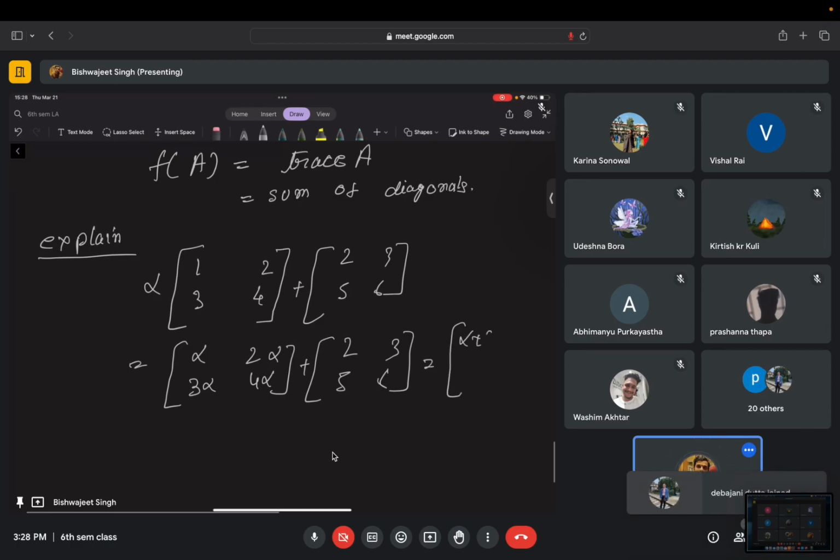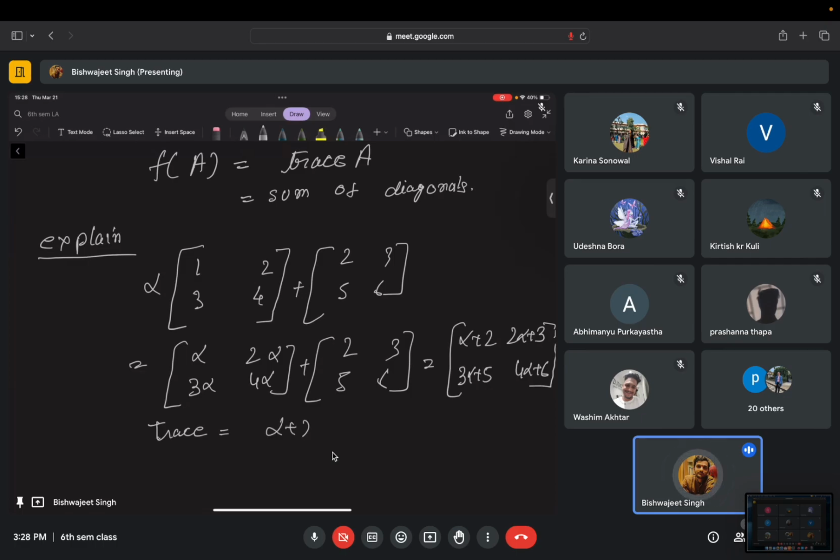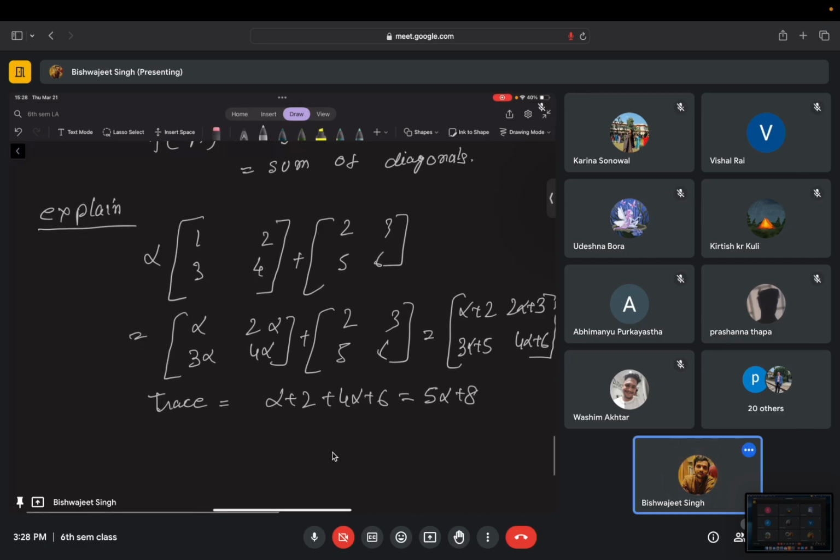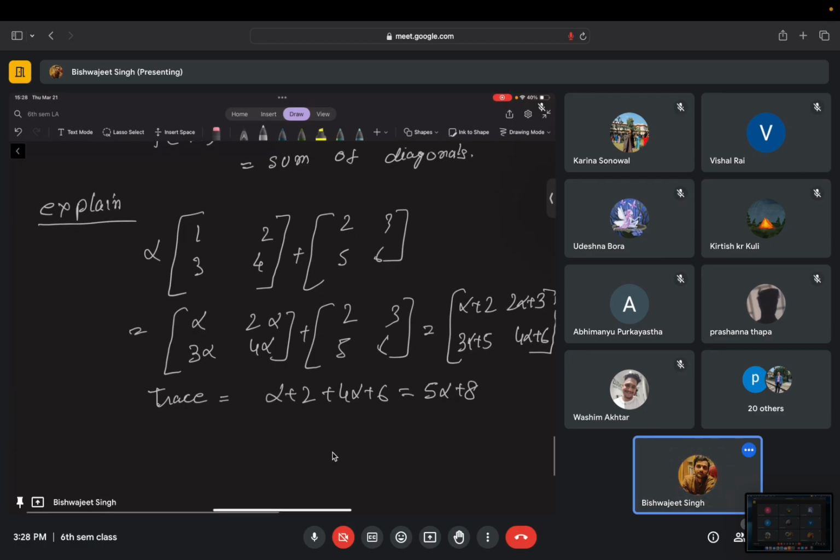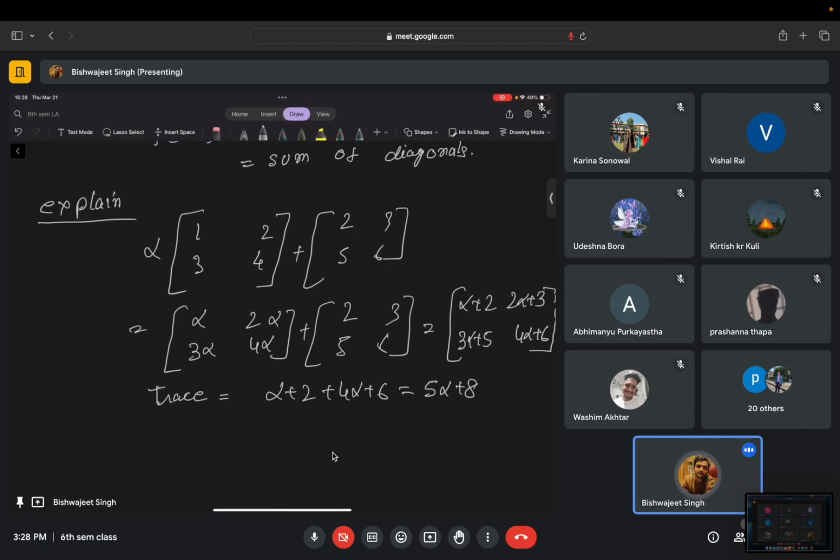This is alpha plus 2, 2 alpha plus 3, 3 alpha plus 5, and 4 alpha plus 6, right? So what is the trace? Trace is alpha plus 2 plus 4 alpha plus 6, that is 5 alpha plus 8, right? This is what I got by taking the trace.